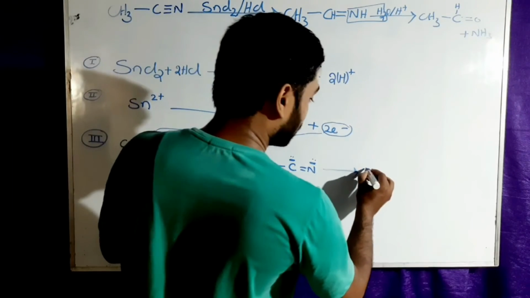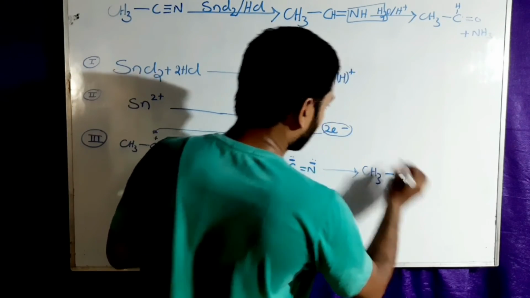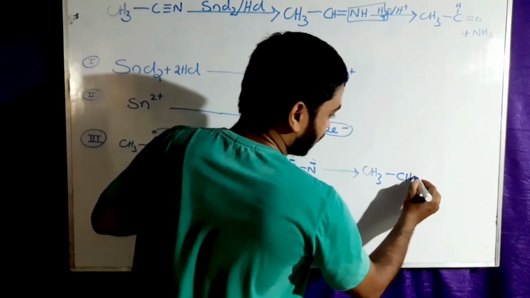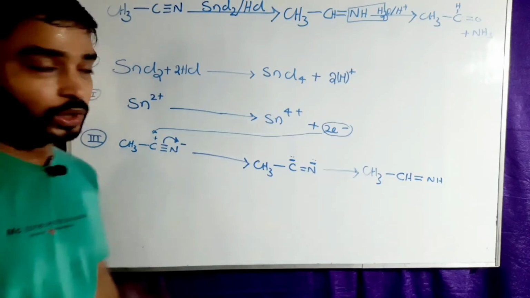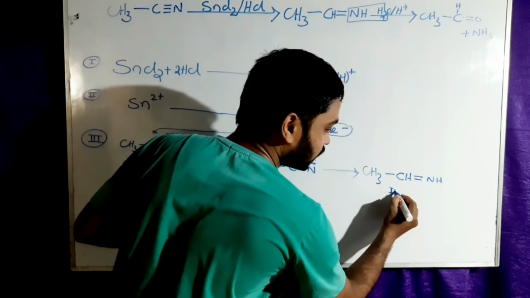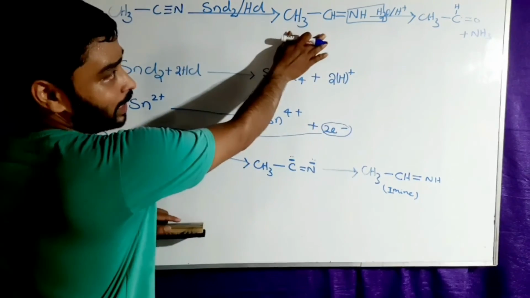So what happens here? The product is CH3CH, because 1 H comes to this carbon part and 1 H will go for nitrogen, and the double bond is present already here. So NH, this is the imine part that I have told, and this is the imine part here.